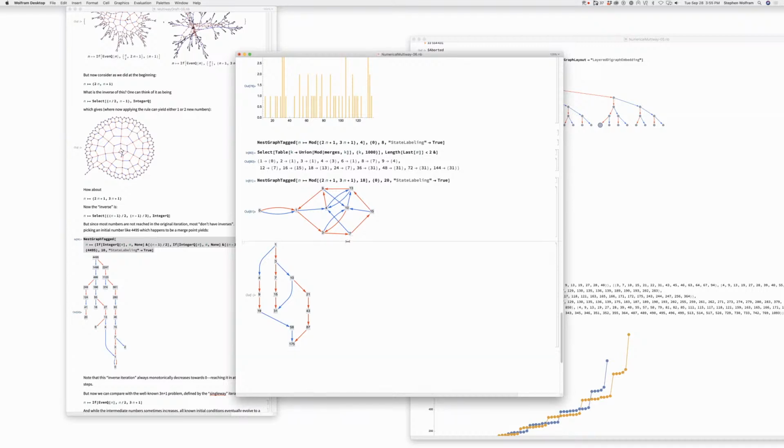So your point is this can be thought of as a covering of the multiway graph, which supports additional paths that aren't real.